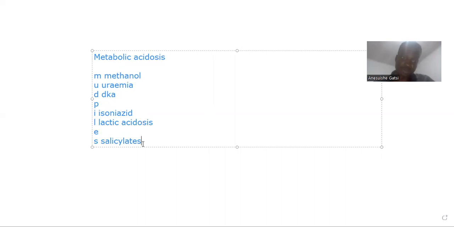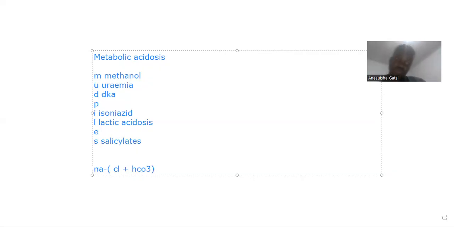The anion gap, the formula was sodium minus, open bracket, chloride plus bicarbonate, close bracket.